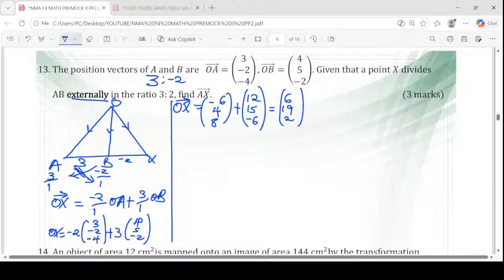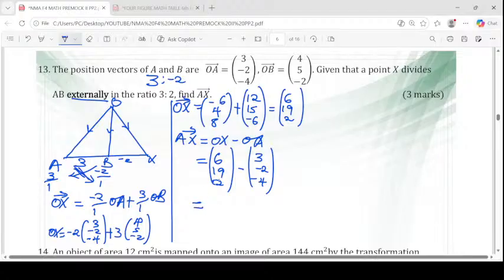This is our OX. Now when they talk about AX, AX is OX minus OA. Our OX is 6, 19, 2 minus OA, which is 3, negative 2, negative 4.